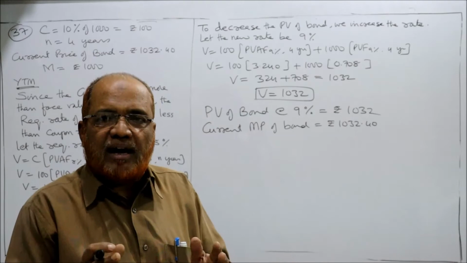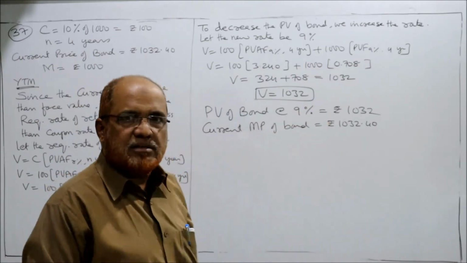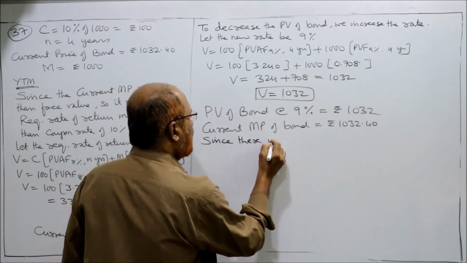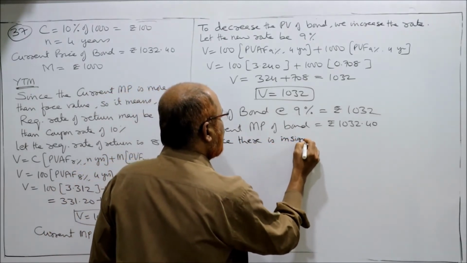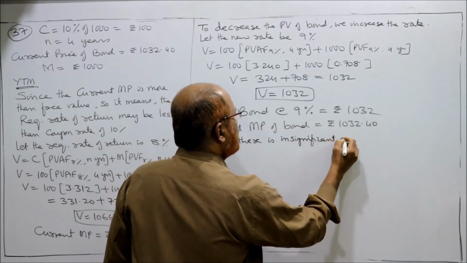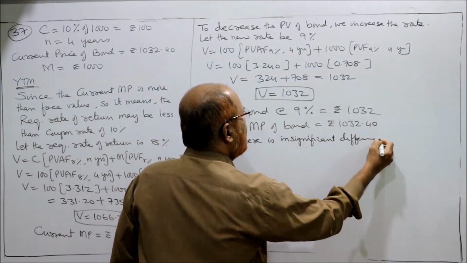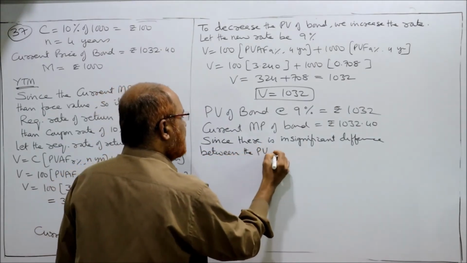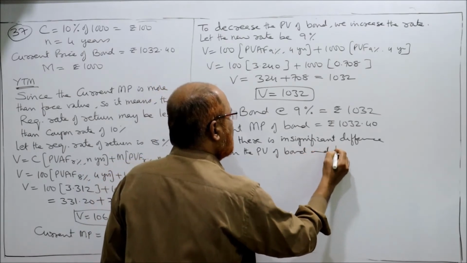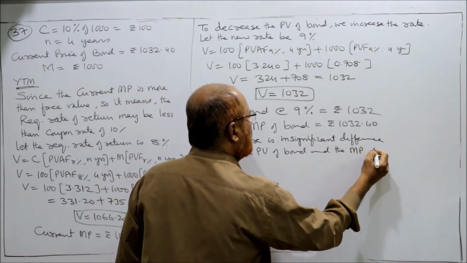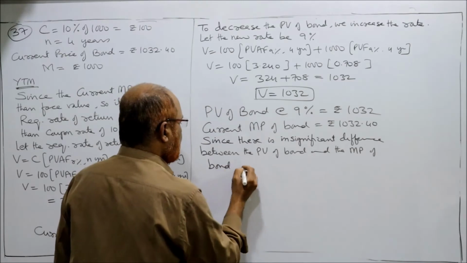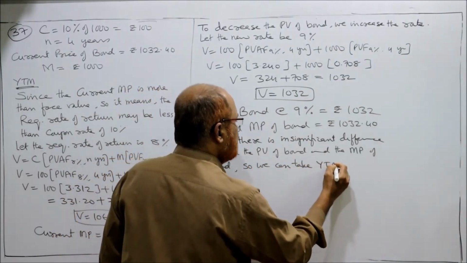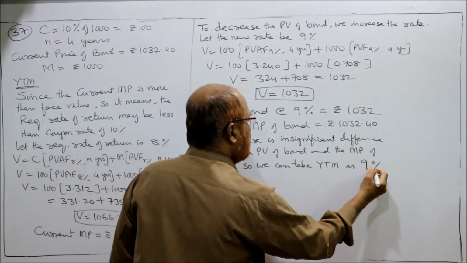So we can take the YTM as 9%. Since there is insignificant difference between the present value of bond and the market price of bond, so we can take YTM as 9%.